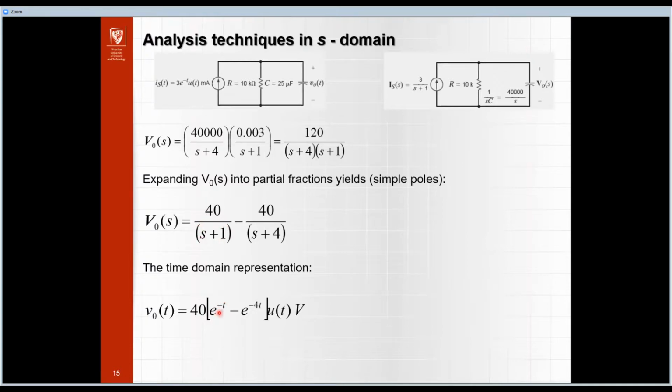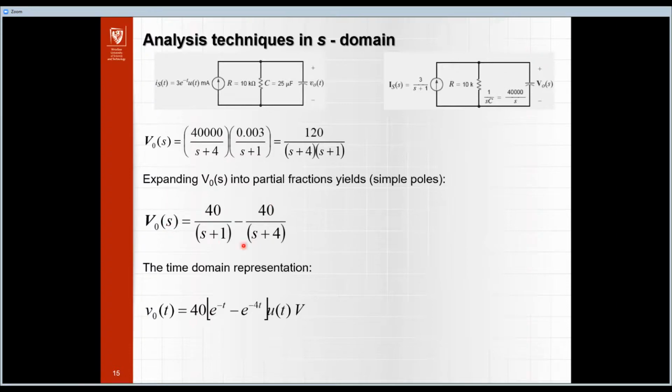So we have here just e to the minus t, and this is connected with this part of the equation, and this constant is before the brackets. And of course, there is not one idea of how I can transform this one into partial fractions.